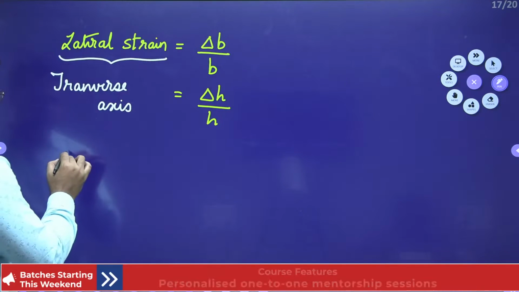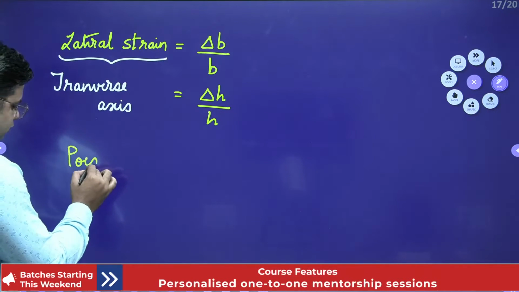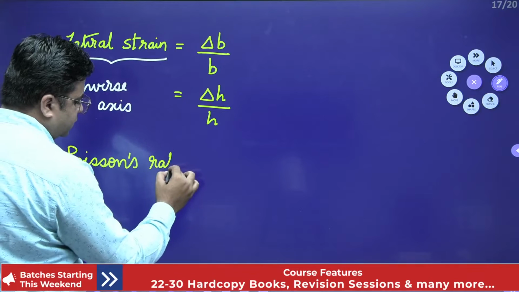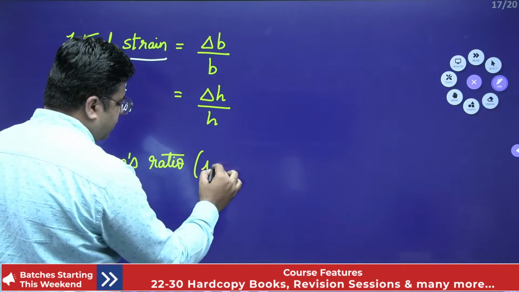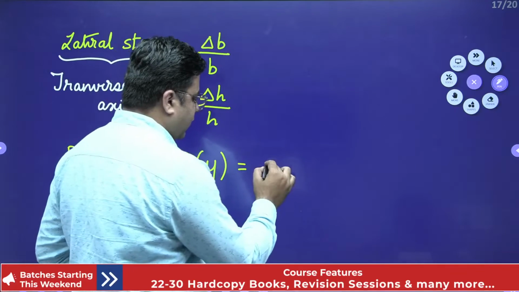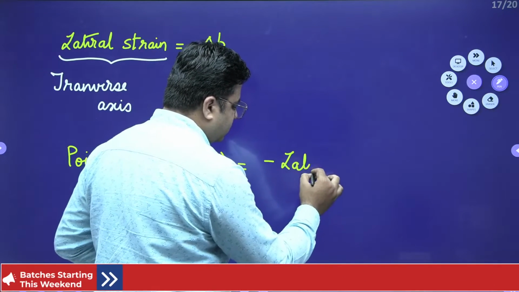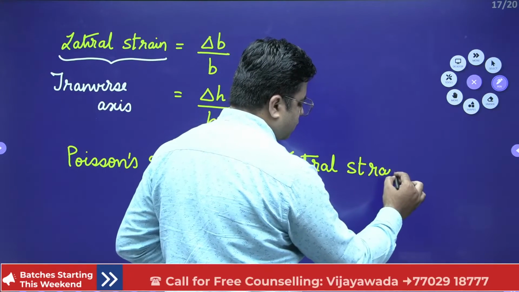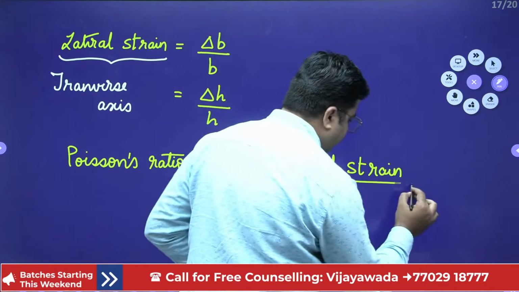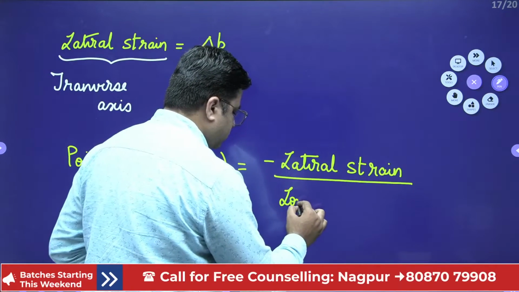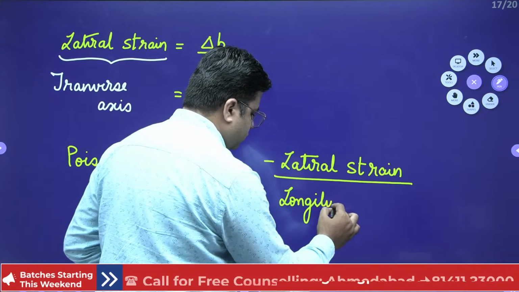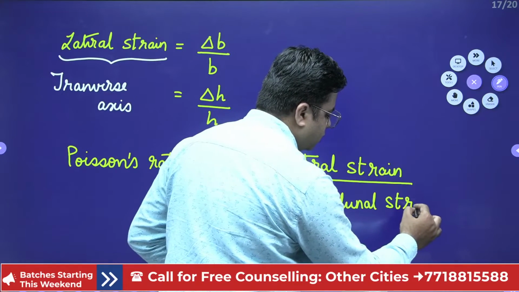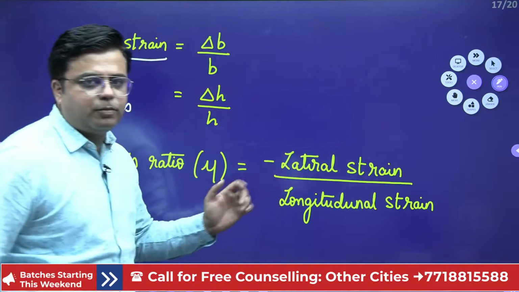Poisson's ratio is denoted by mu. It is nothing but minus of lateral strain to longitudinal strain. So this is your Poisson's ratio, right?